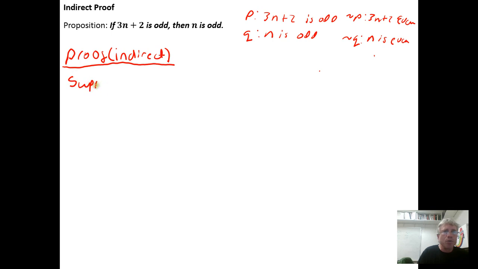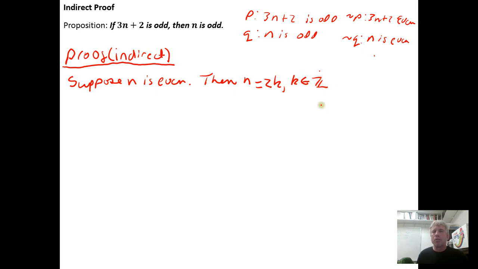So suppose n is even. Well, if n is even, what does n look like? It needs to be a multiple of 2. So then n equals 2 times k, where k is just some integer. And that is the form that an even number would take.